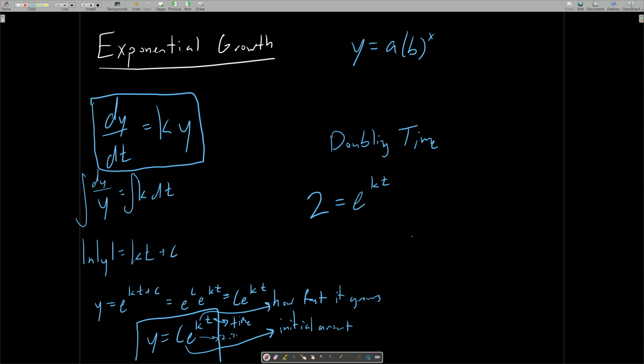If it was tripling, maybe 3 equals e to the kt. And the reason I'm leaving the c out is, remember, c is just our initial population or initial amount. Double that would just be 2c, so the c's would just cancel out. So I just have 2 equals e to the kt for that doubling time.